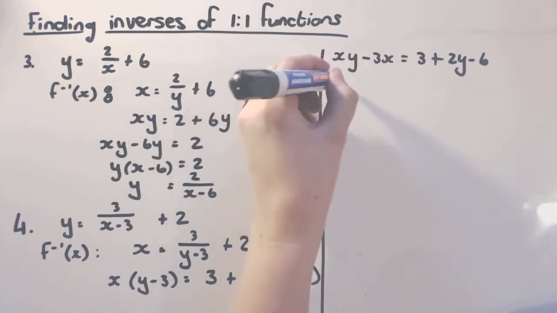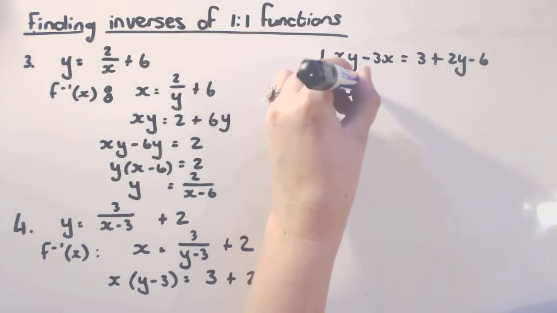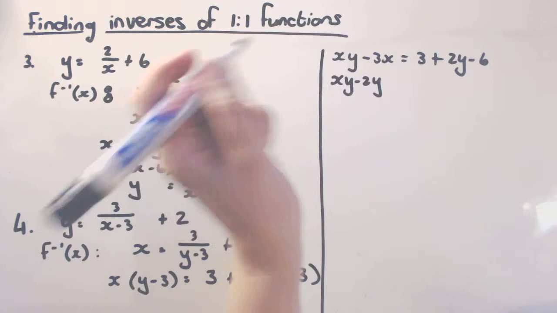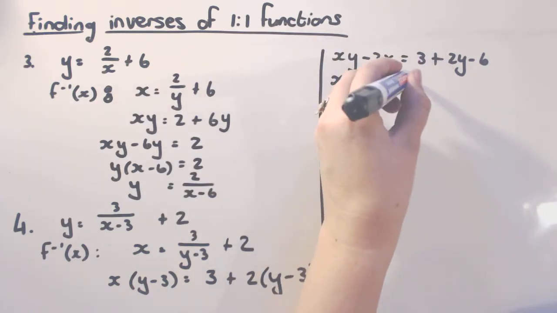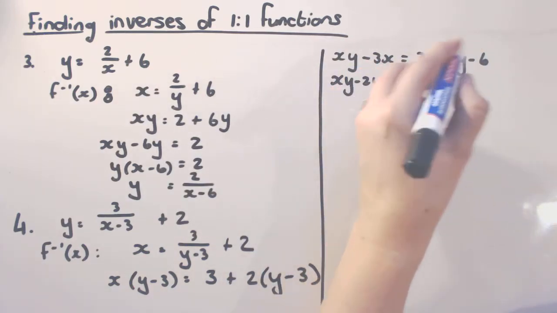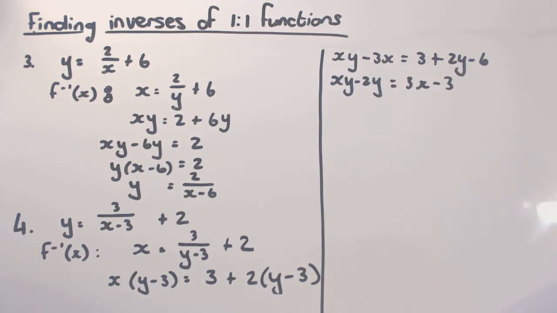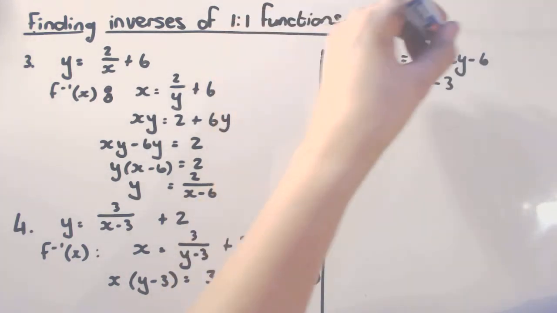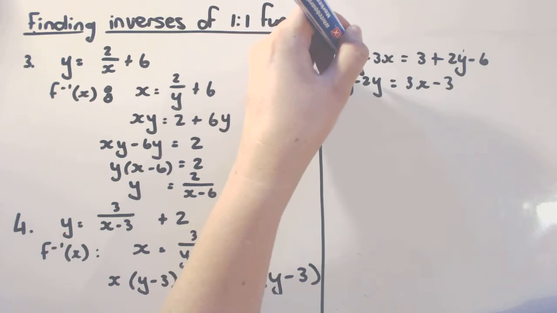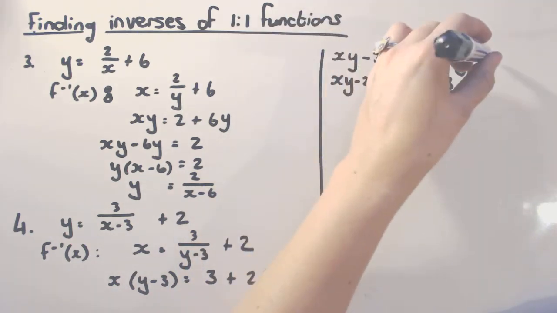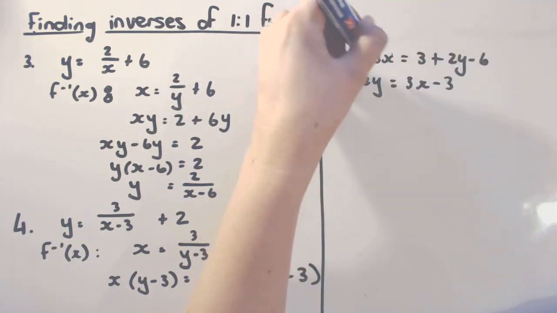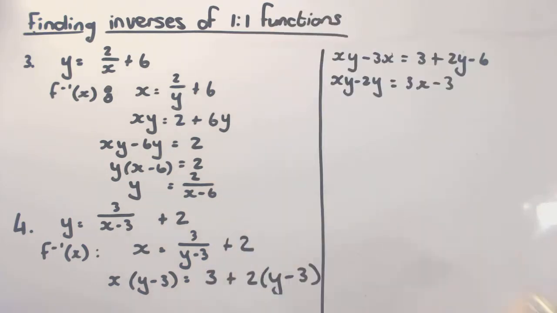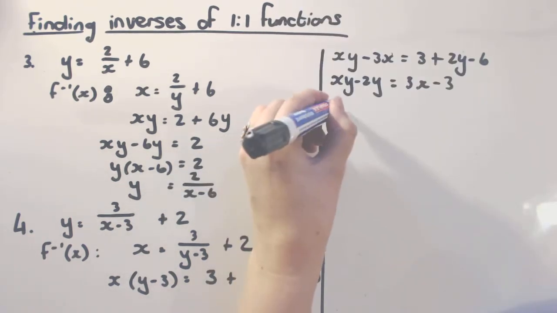And then I just again gather all of my y terms together, like this. And all of the rest, 3x, 3 minus 6, and minus 3, like that. Just gathered the xy, took the 2y over, it becomes negative. 3 minus 6 is minus 3, and I just brought this negative 3x over so that it's positive 3x.